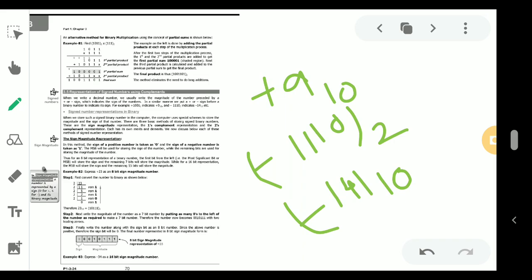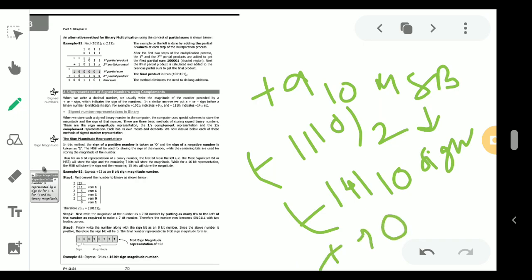To represent the sign, that is a positive or a negative number, there is a distinct bit. The MSB, the most significant bit, represents the sign bit concept. Remember, the MSB is the sign bit. For a positive number, we put 0 in the MSB bit.